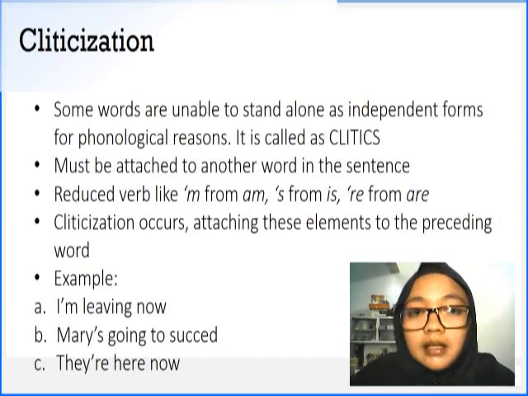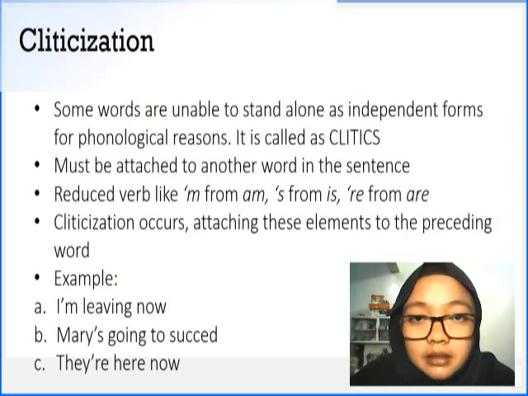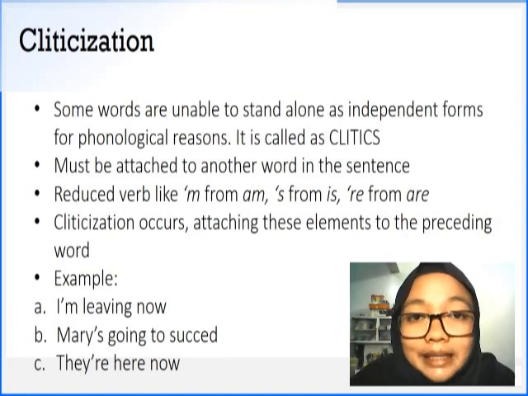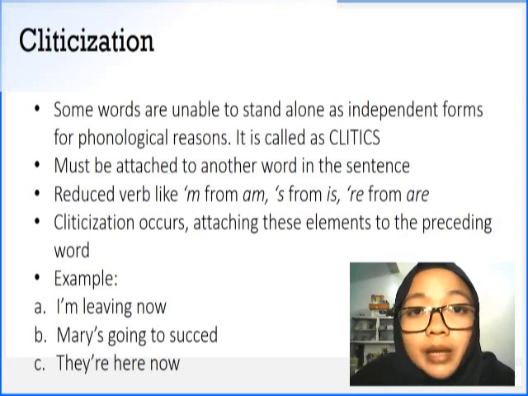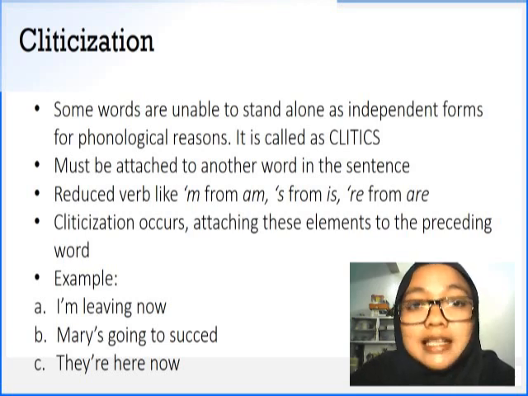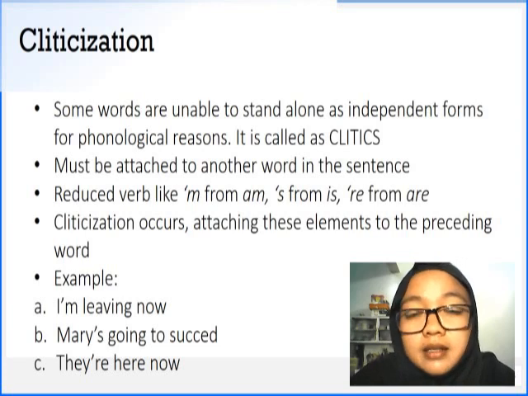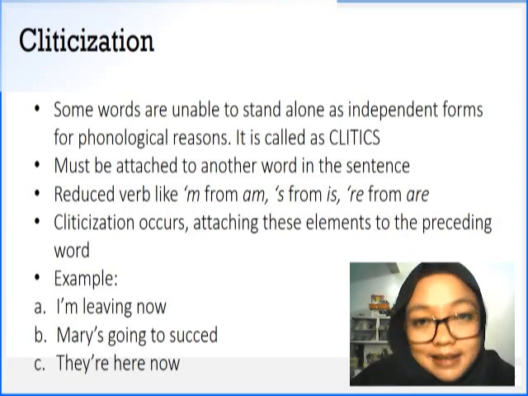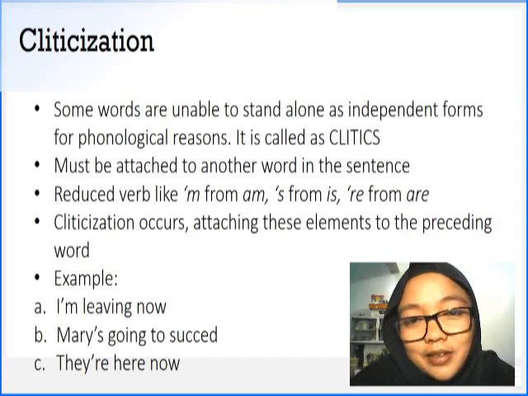Okay, and then: Mary's going to succeed. Mary is going to succeed. Mary apostrophe s. The apostrophe s here is called a clitic. The process that makes Mary's is called cliticization. Do you understand?